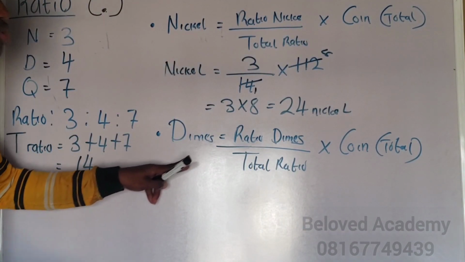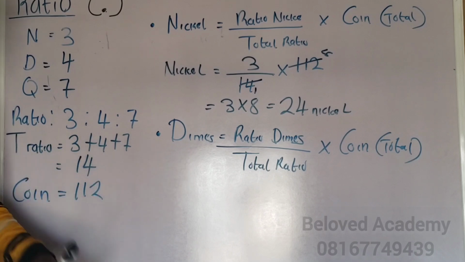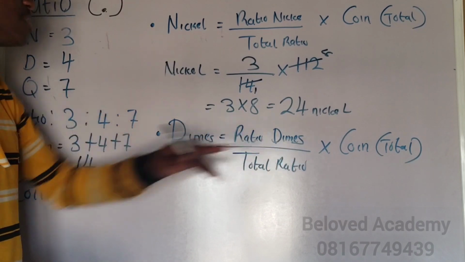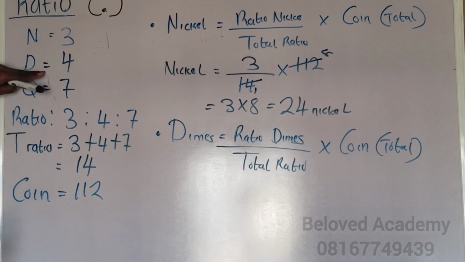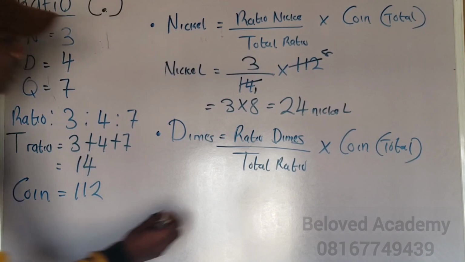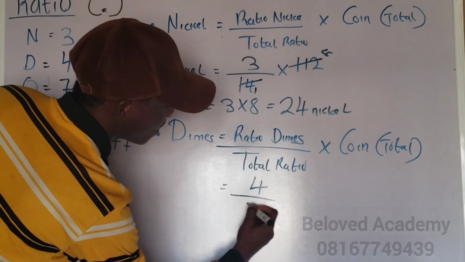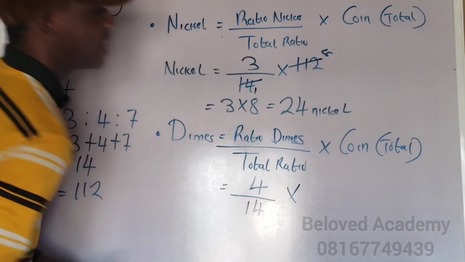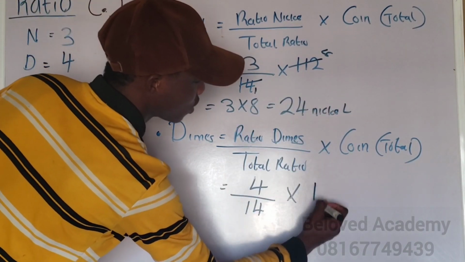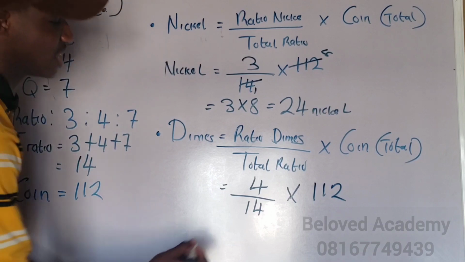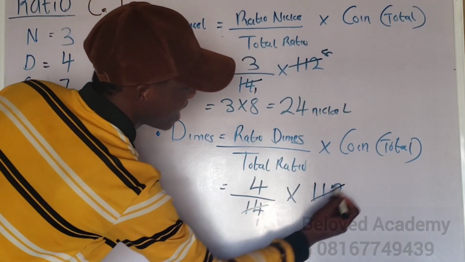The total number of dime coins present in the jar is equal to the ratio of dimes all over the total ratio multiplied by the total coin. The ratio of dime is 4. So I'm going to have 4 over 14 multiplied by the total coin. The total coin is 112. So this here 1, this here 8.